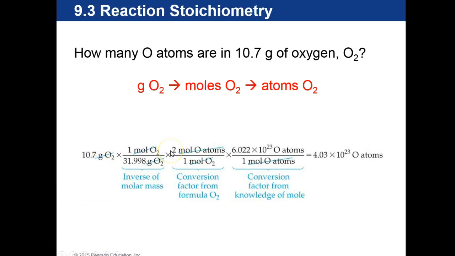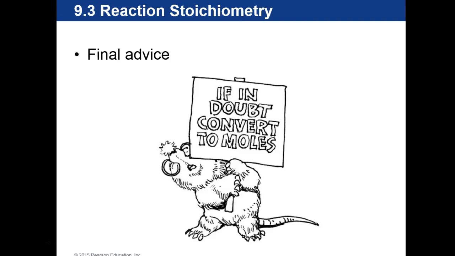We know there's 1 mole of O2 that weighs 31.998 grams. There's 2 moles of oxygen atoms per 1 mole of O2, times 6.022 times 10 to the 23rd atoms per mole. This leaves us with 4.03 times 10 to the 23rd oxygen atoms. When in doubt, convert to moles.